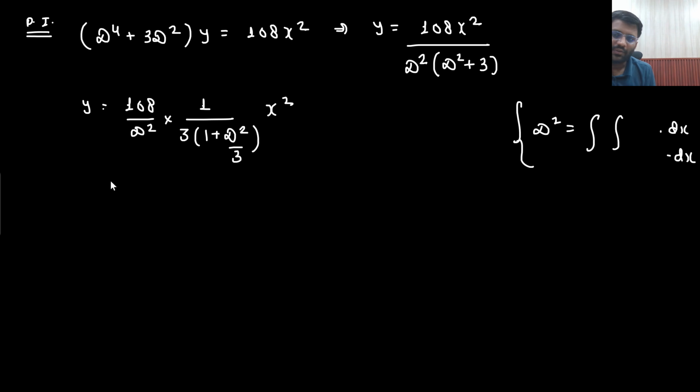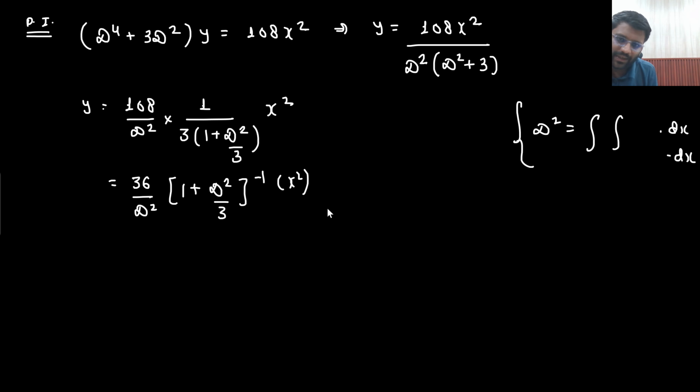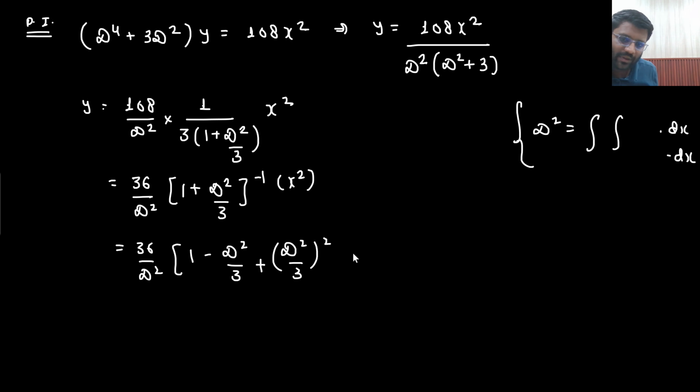3 I have taken outside, so it will become 36 by D^2, (1 + D^2/3) to the power minus 1. Now you should be smart enough to know till what point you need to expand. Only one expansion I need to do. Because 36 by D^2 (1 minus D^2/3 plus (D^2/3)^2), this will give me D^4, and that does not matter to me.